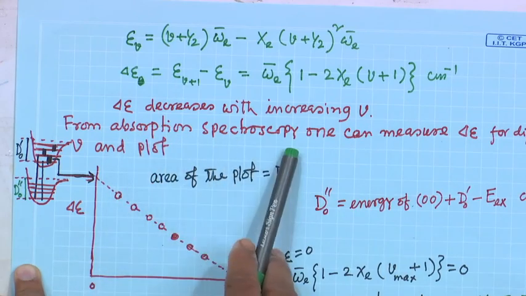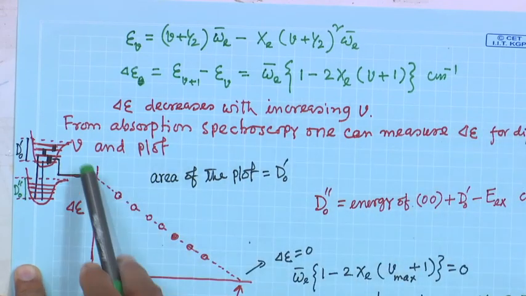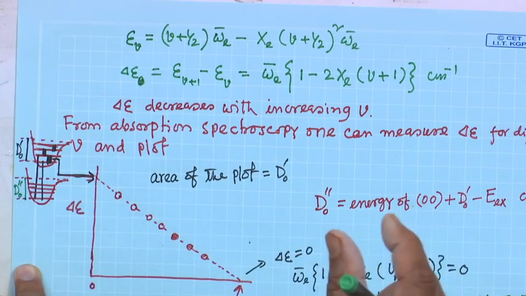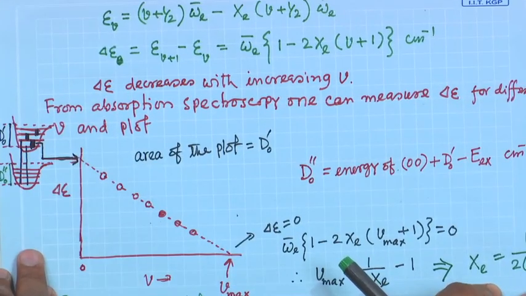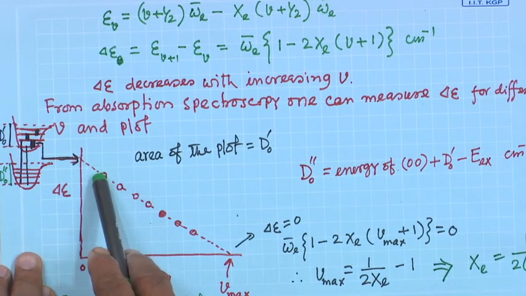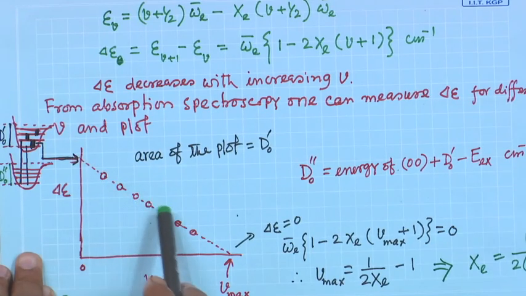Now, from the vibrational absorption spectra, one can measure delta E for different V, the separation between two successive spectral lines. If you plot this delta E versus V, you will see that with higher V the separation is decreasing.